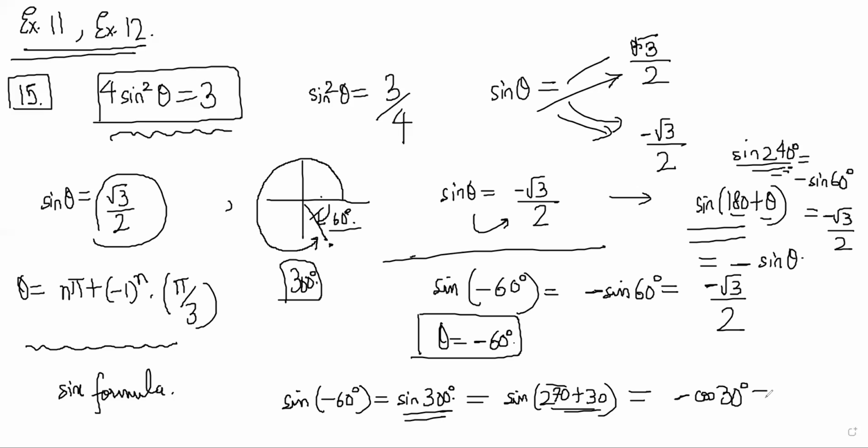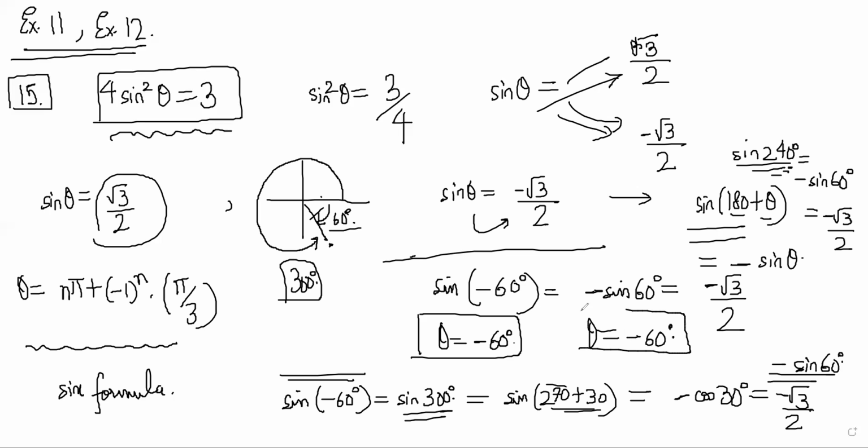Which is minus root 3 by 2, right? So I have convinced myself that sine of minus theta is equal to minus of sine theta. This is minus sine 60 also, by the way. So that's why I will use theta as minus 60 here, which is an acute angle at least.